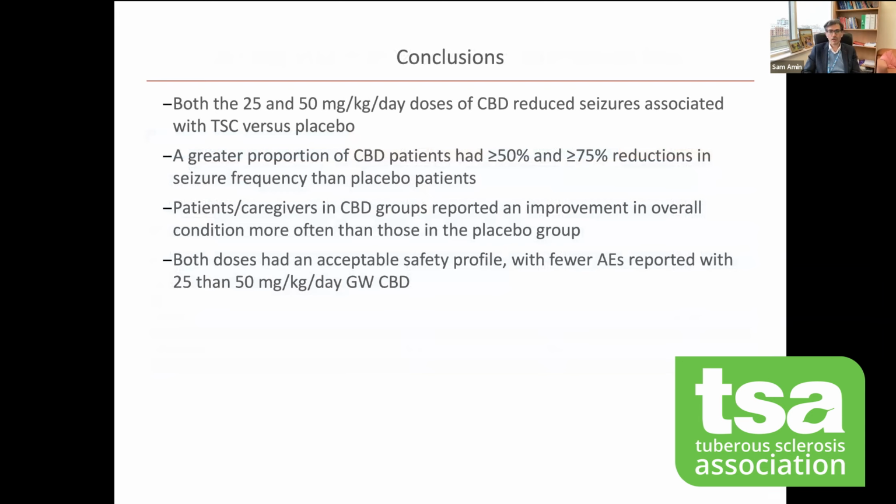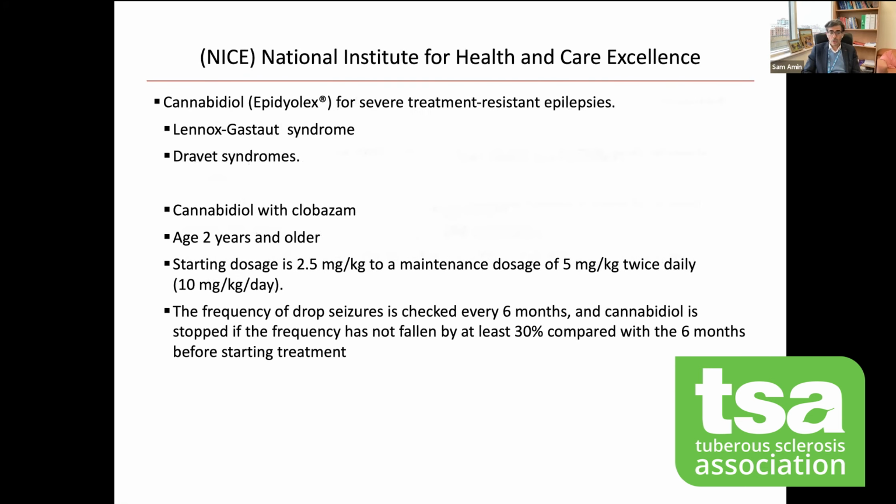So the study concluded that Epidiolex is effective and it's safe in children and adults with TSC for epilepsy. So currently in the UK or in England, NICE guideline has approved Epidiolex for LGS, Lennox-Gastaut, and Dravet syndrome, but not for TSC.